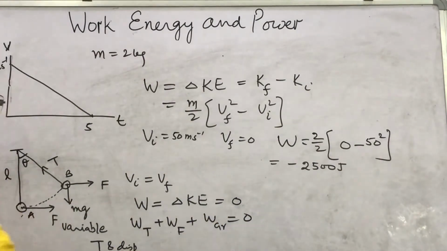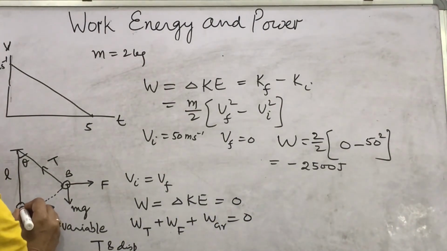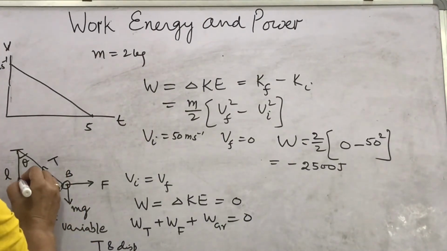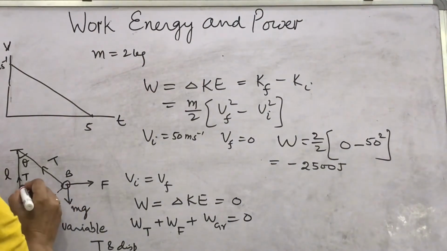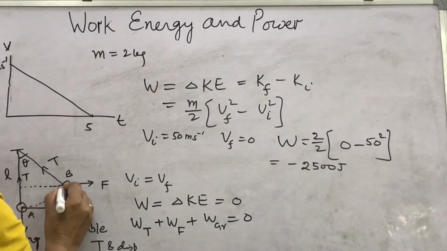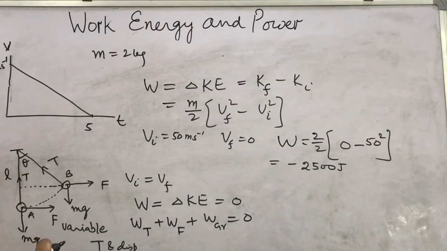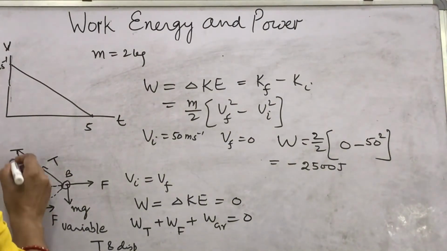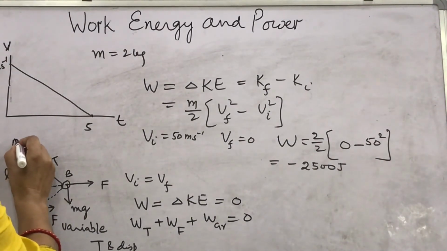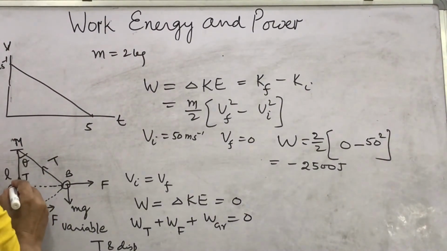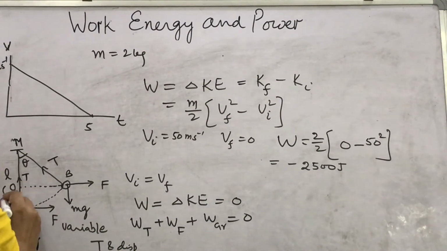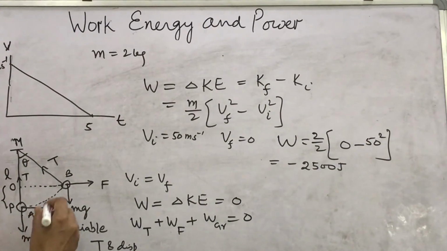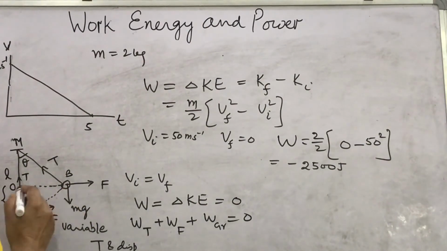Work done by gravitational force. Look here that mg is vertically downward and this tension is vertically upward. How much vertical displacement has there been from A to B for the object? Suppose this is the point M, this is the point O, and this is the point P. The OP will be the displacement. How will you find OP? Look here, this OB, what is this OB?